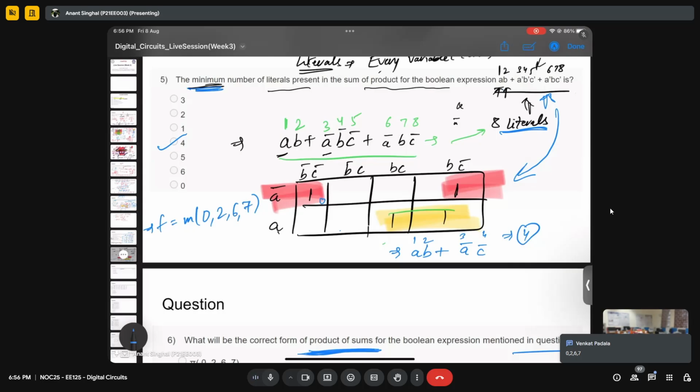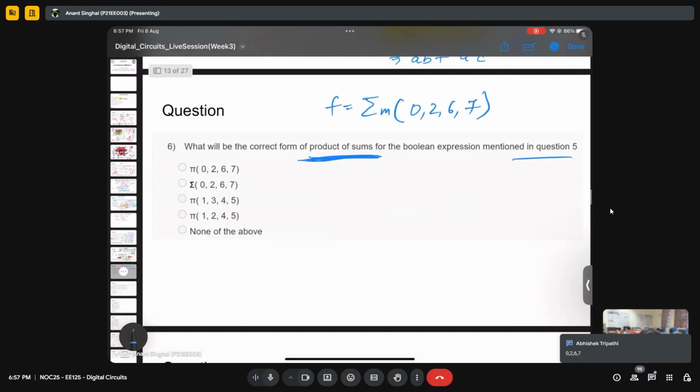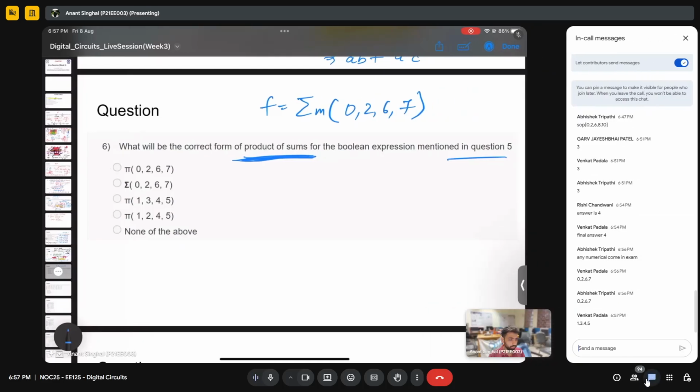Okay, so 0, 1, 2, 3, 4, 5, 6, 7. So the previous problem has the final answer of minterms as 0 to 7. I just asked to make your problem easier. So now it says, what will be the correct form of product of sum for the Boolean expression mentioned in question 5. So can you tell now quickly, everyone?